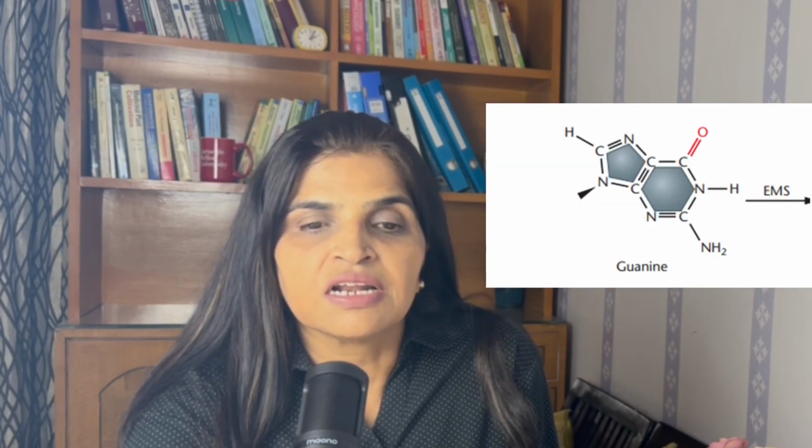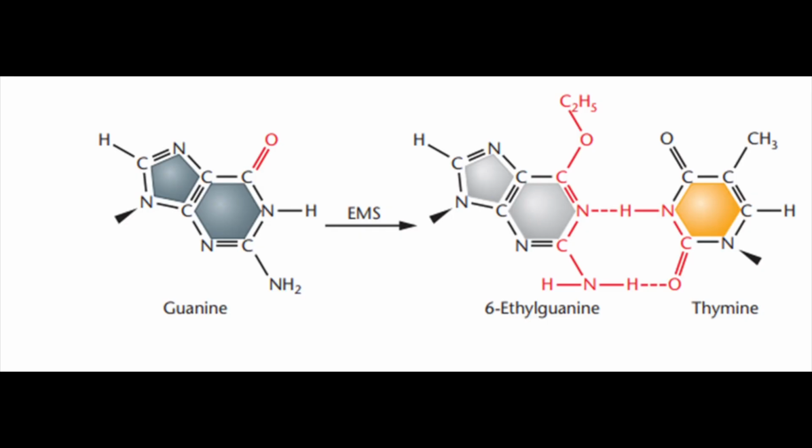For example, in guanine, at the number 6 position keto group, it will donate its alkyl group and change its binding affinity. This 6-ethylguanine will base pair with cytosine. So you can see the binding affinity changes, and the alkylating agent popularly used for this purpose is ethyl methane sulfonate.